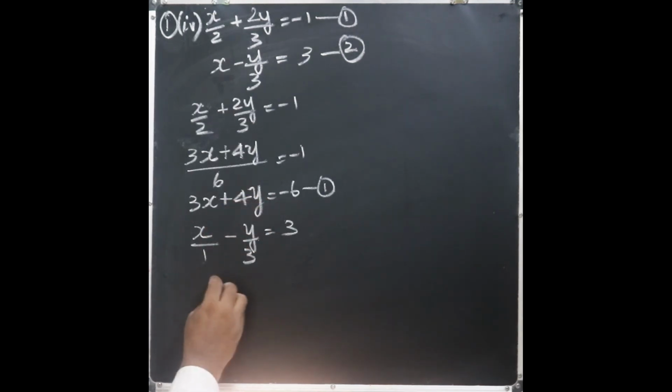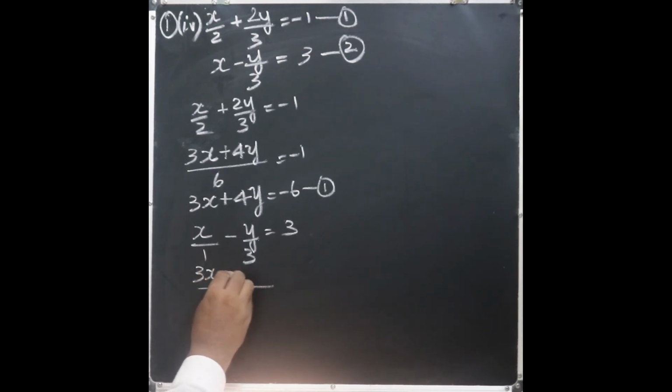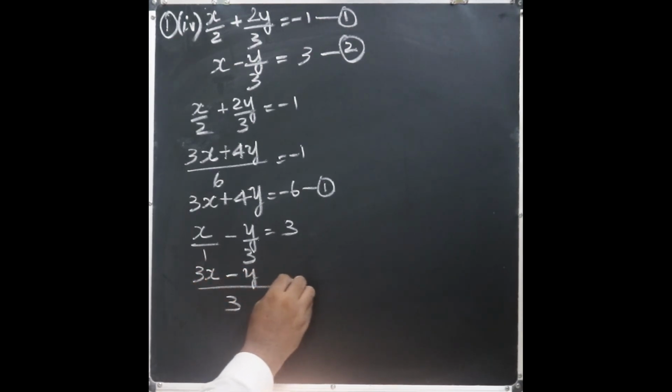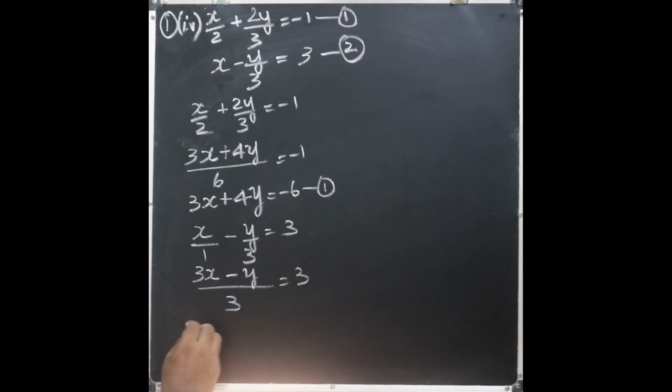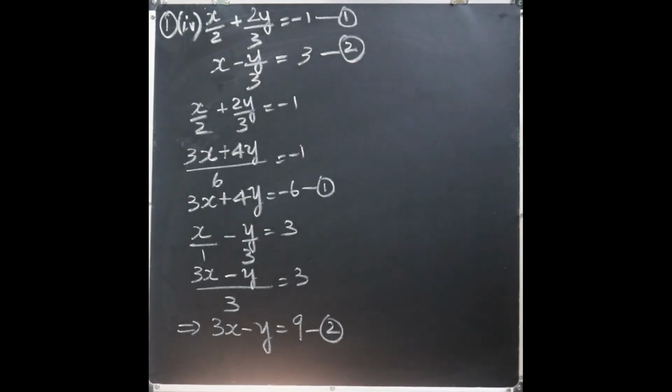Now when you take LCM of 1 and 3 is 3. 1 into 3 is 3, so multiply numerator also by 3, so we will have 3x minus y by 3 equal to 3. That implies 3x minus y equal to, take this 3 to the other side, then we will have 9. Now we have formed two equations looking like in the general form.